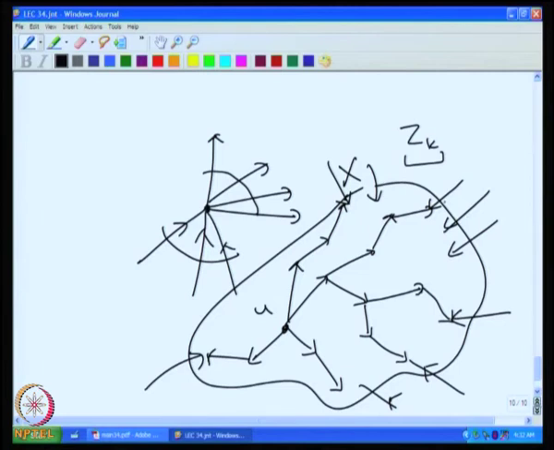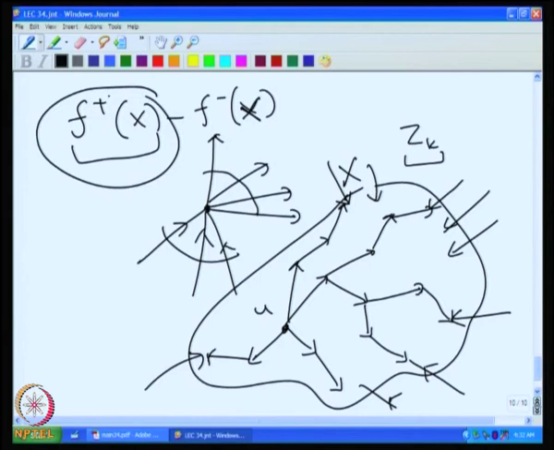Now, we know that if you sum up the excesses over all these x's, then as earlier it has to be f plus of x minus f minus of x; we are not repeating the argument here. And this f plus of x is not there at all, because there is no outgoing edge.